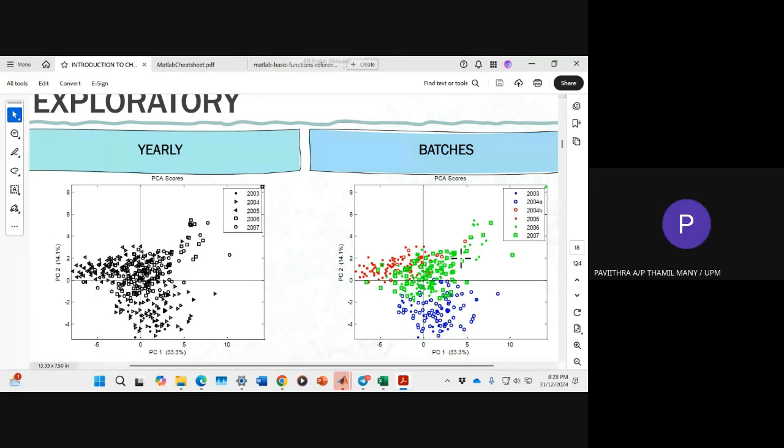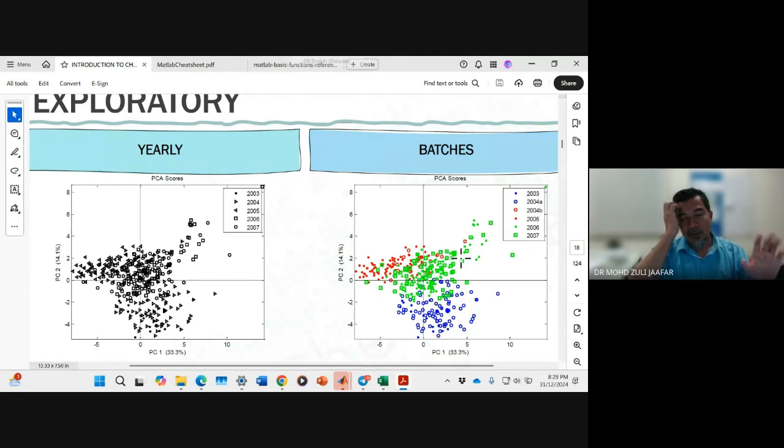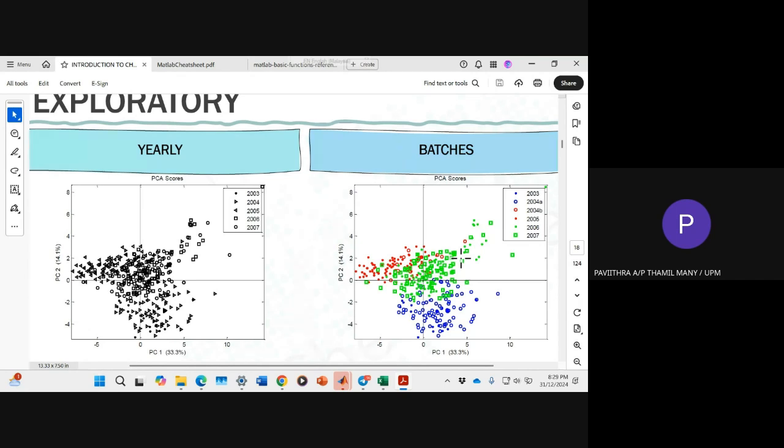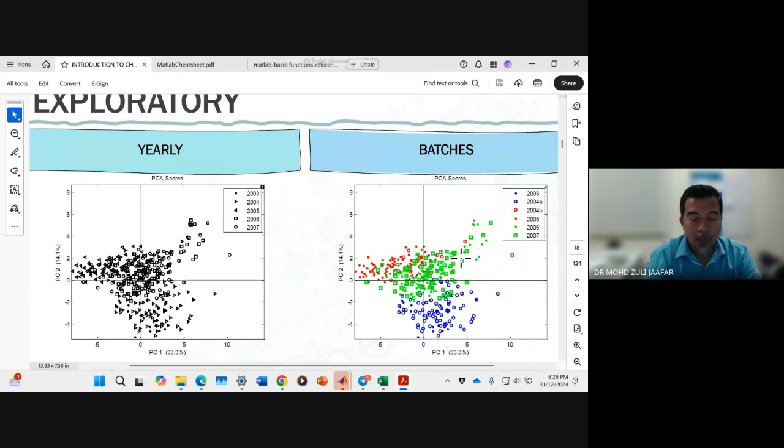You believe me, yeah? Because you already deal with palm oil and cooking oil. I gathered a lot of cooking oil and a lot of palm oil. They are distinctively different, even though from the spectra they are almost the same. So this is the power of exploratory data analysis, especially if you use PCA.